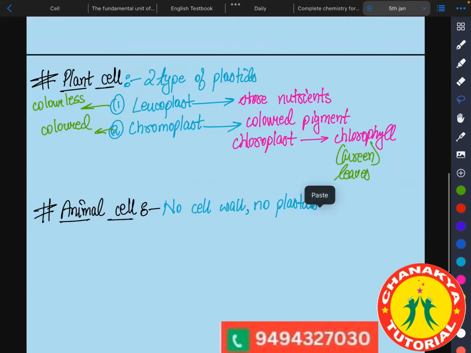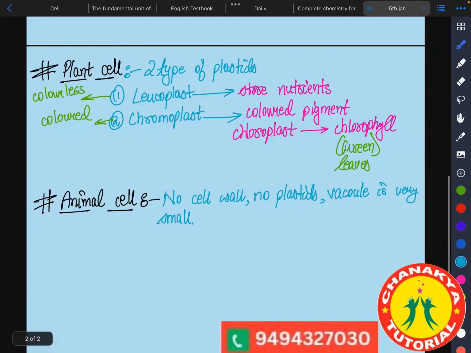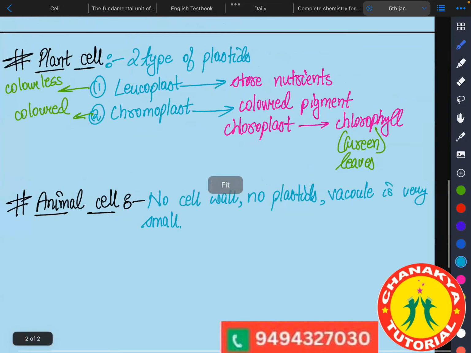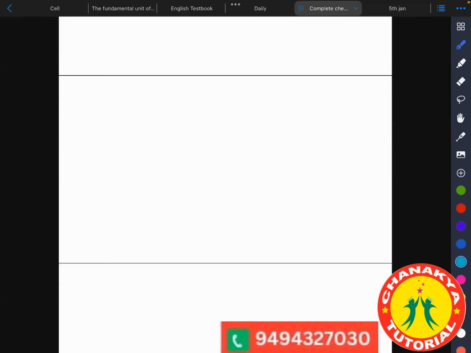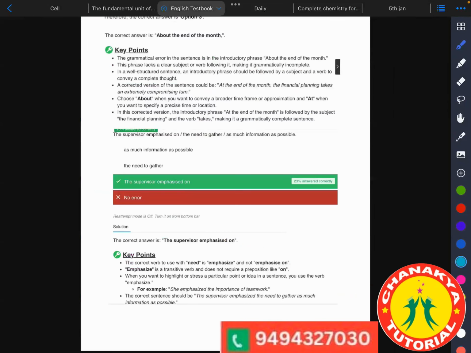Its vacuole is very small. I think all of you are aware about vacuoles, that the plant cell contains a very large vacuole.